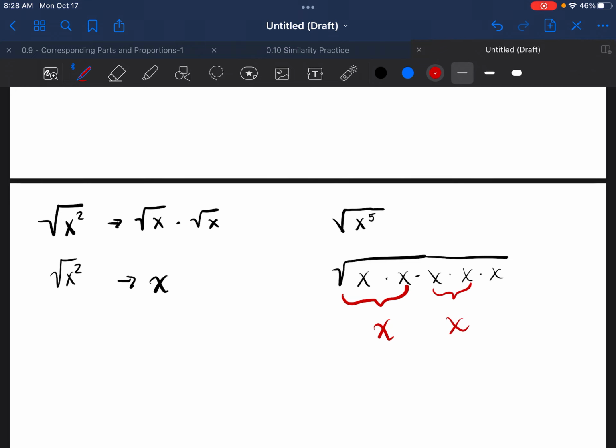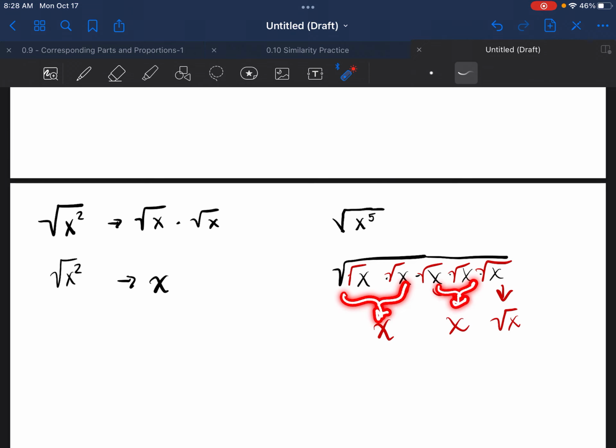X times x, that's x. And then I have this one left, so that's the square root of x. Right, because it's like this. Imagine little square roots over all of them. So wherever I have two square roots of the same number, the answer is just that number. This one is all by itself, so I'm just going to bring it down.